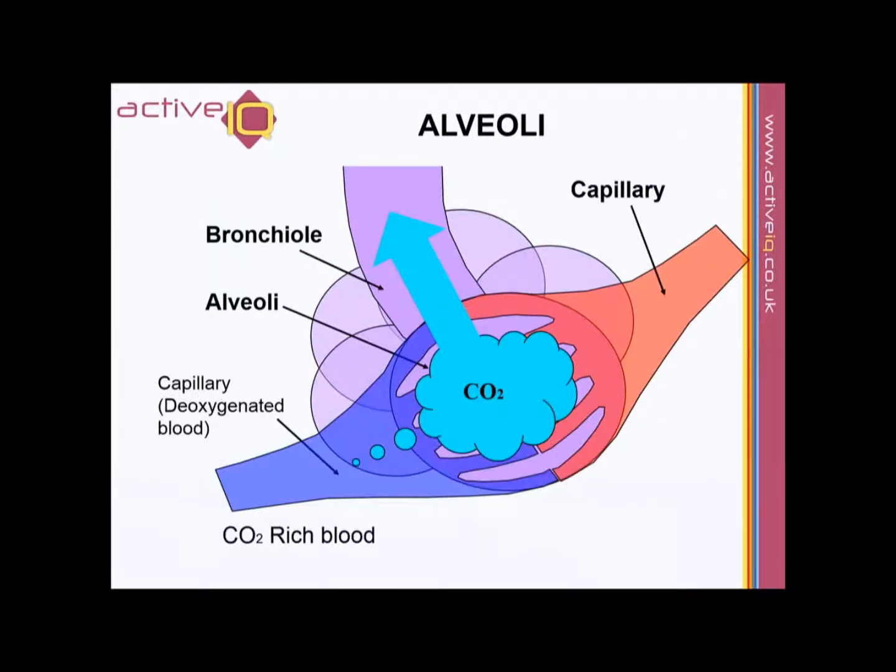And then the reverse of this, so this is the CO2 now being breathed out. So it's a fairly complicated method, but it's quite simple to understand if you look at these diagrams.